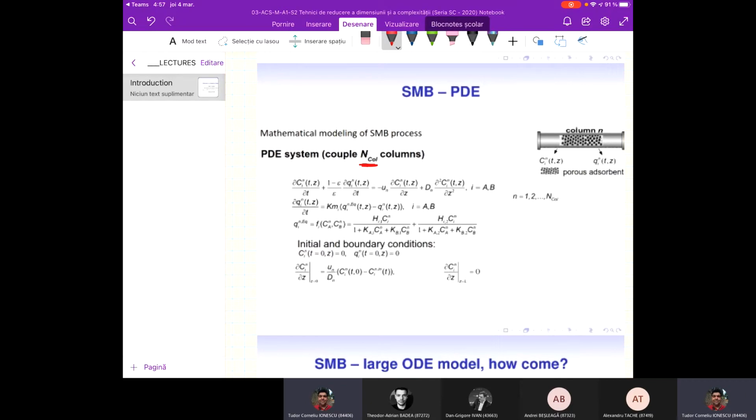Okay, you know that PDEs must have initial and boundary conditions, right? This is very difficult.